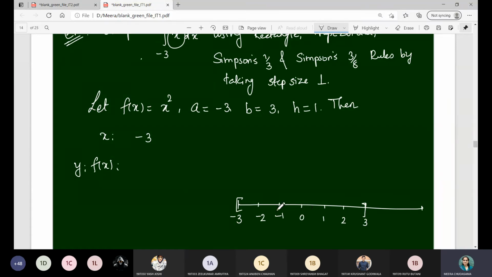We have split it by considering step size 1. F of x we are given as x square, that means the square of this quantity. So it is 9, 4, 1, 0, 1, 4, 9. All positive quantities because we have taken the square.